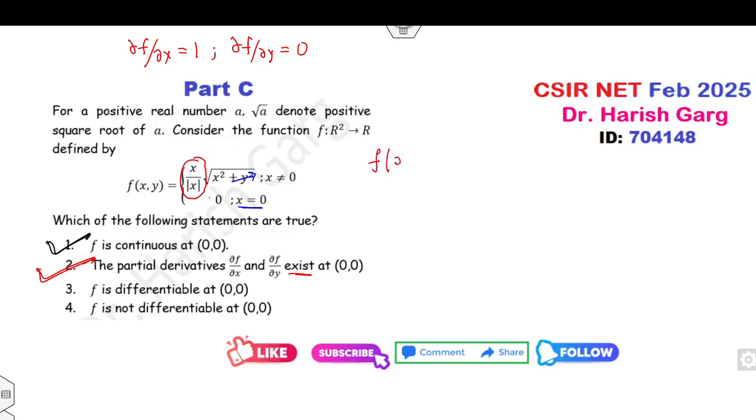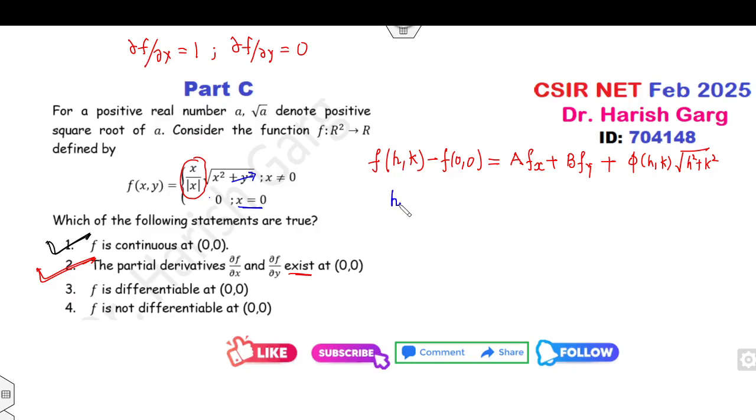So this I call h comma k, fine, f of h comma k minus f of 0 comma 0, which is equal to a times partial derivative x plus b times partial derivative y plus some function of h comma k times root of h square plus k square. Fine. What is f of h comma k?